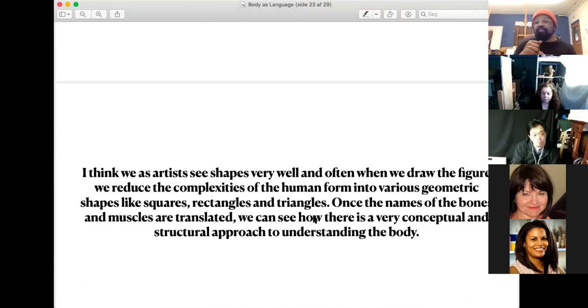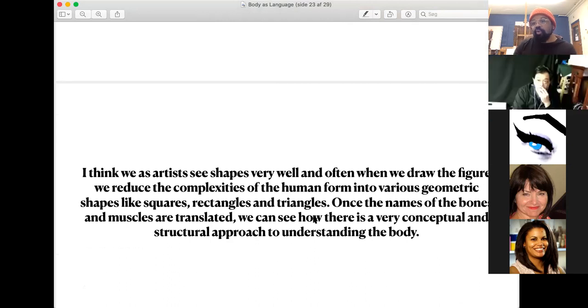I think once the bones and muscles are taken out of that Greek and Latin context, there's a conceptual and structural approach to understanding the body. And I feel like just with that conceptual understanding, we can put a lot of life into our figures. We could put souls into our figures when we draw them.